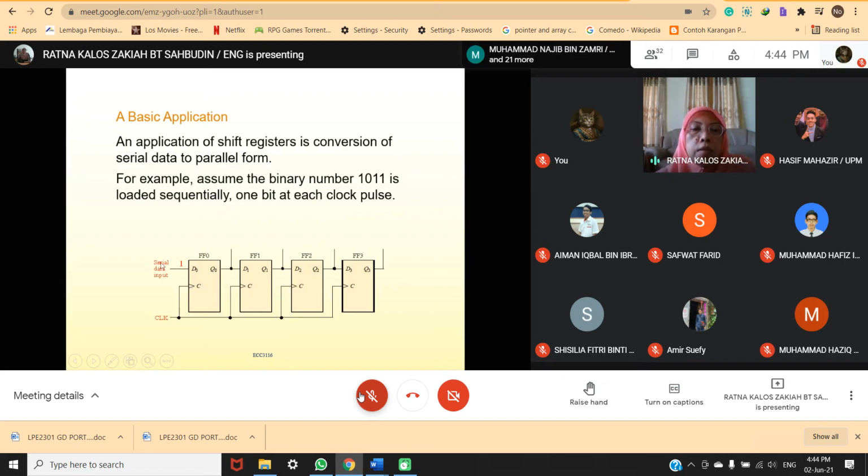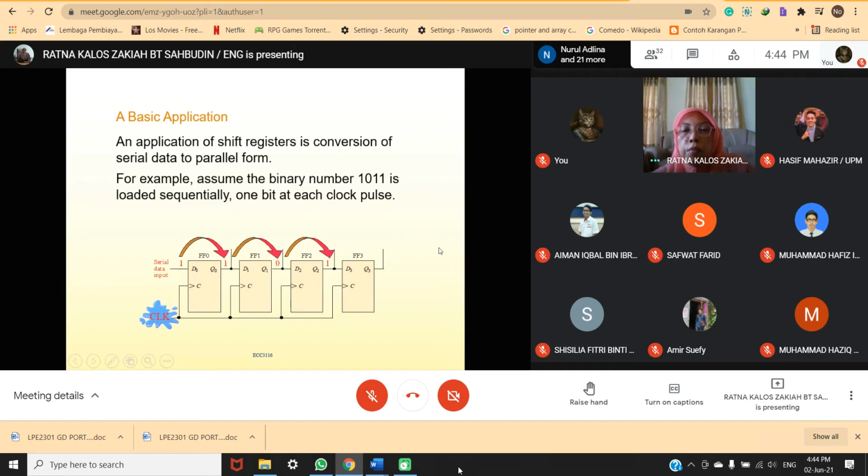Look at this serial data input. At 1 clock it goes to the output there, then it goes to the input, the output of the next flip-flop, and so on.